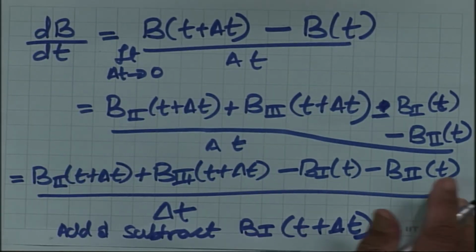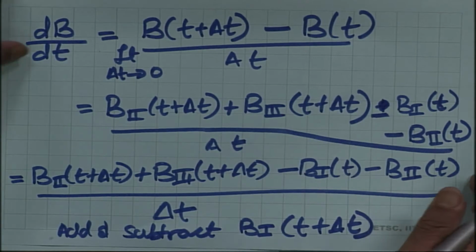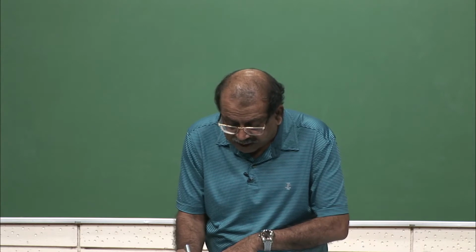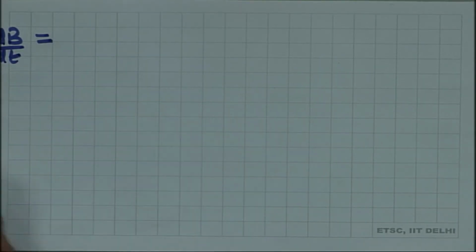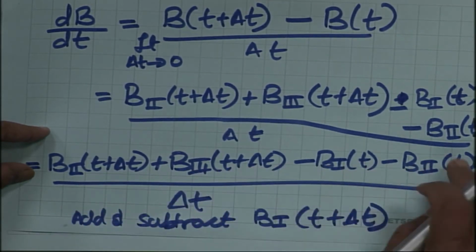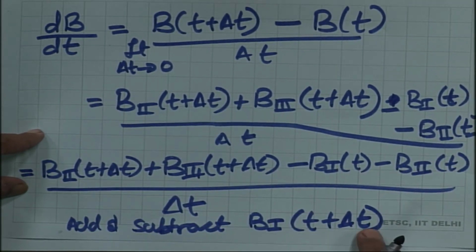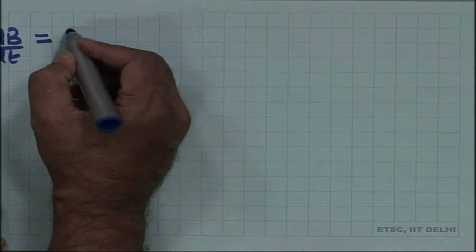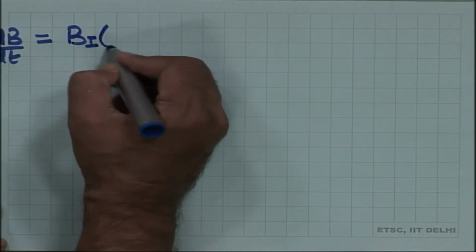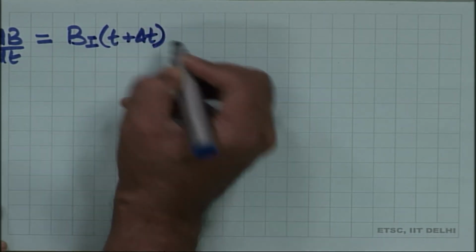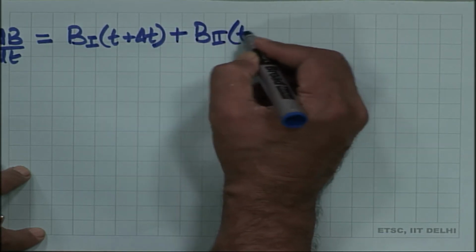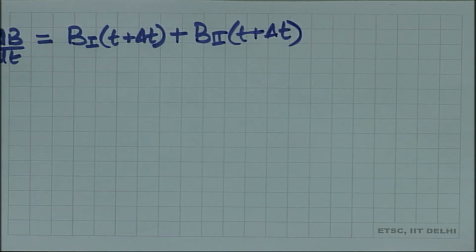So, when I do this, what I will get is dB by dt is equal to, now I have these 4 quantities, and I will add B1 at t plus delta t and I will subtract B1 at t plus delta t. So, this will become equal to B1 at t plus delta t, this is something I have added, it was not there earlier, plus B2 at t plus delta t, this was already there.